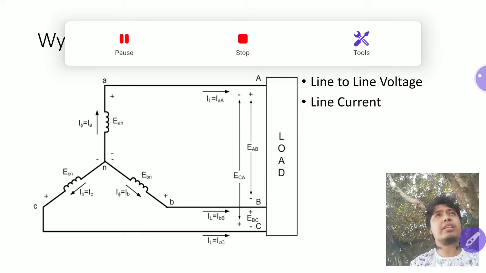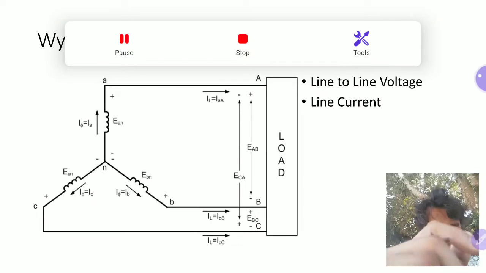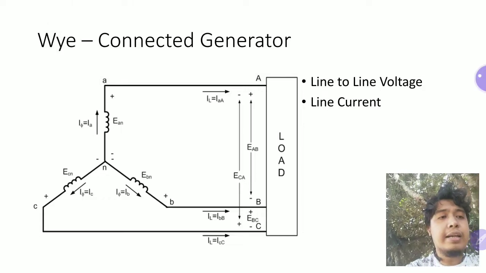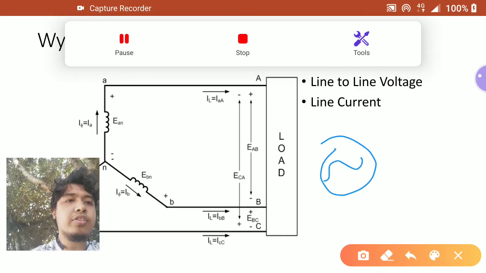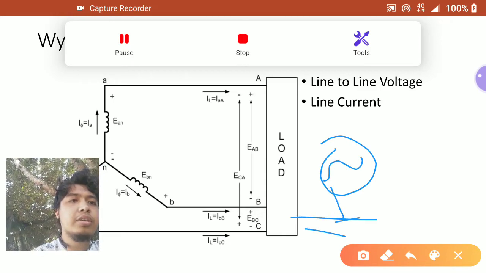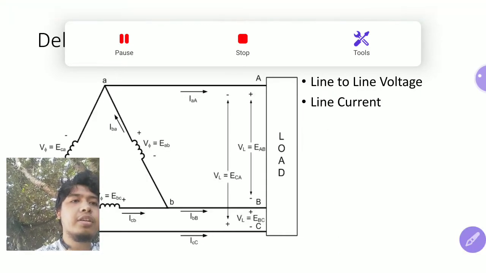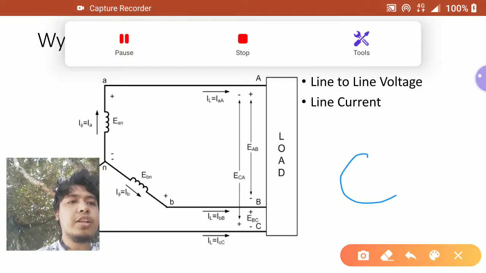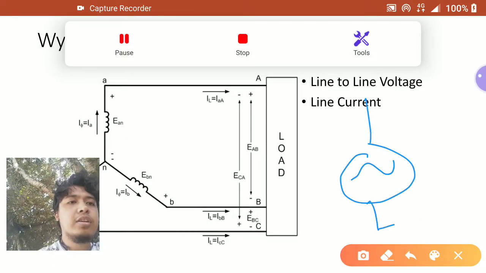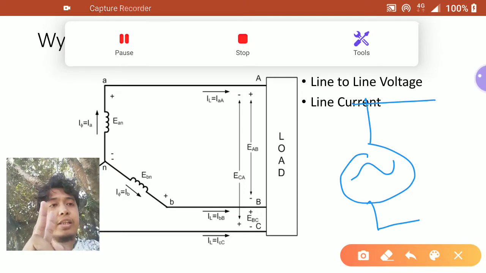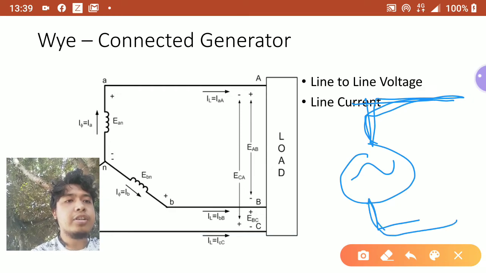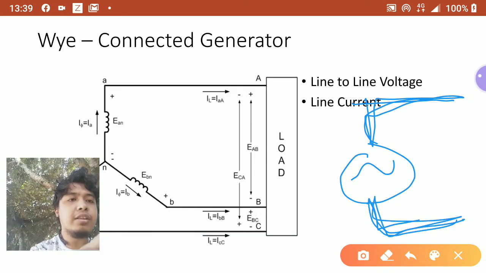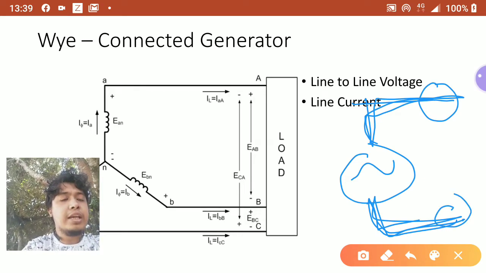What's the difference of having this type of generator as compared to your single phase generators? If this is your single phase generator, you have two lines basically. One line to deliver power, and then the other as a return path, such that the voltage is defined as the voltage between these two lines.